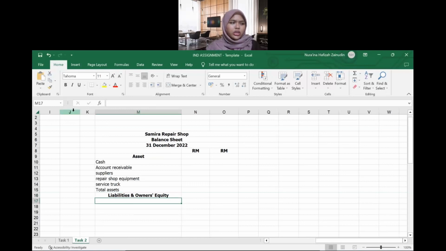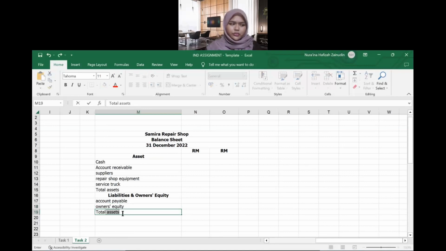In liabilities and owner's equity, we have accounts payable and owner's equity. The last one is the total of liabilities and owner's equity.